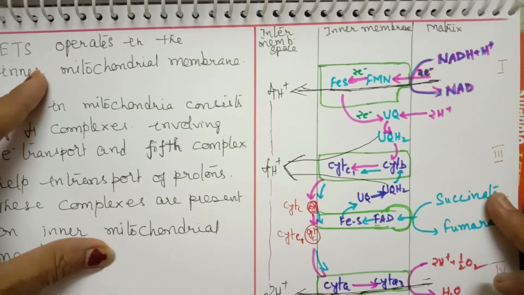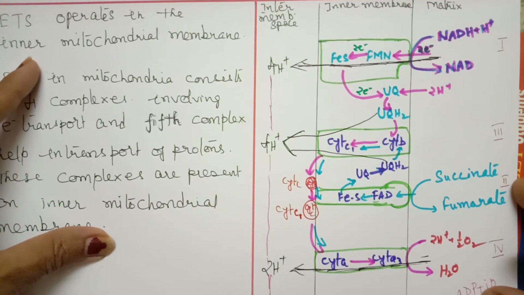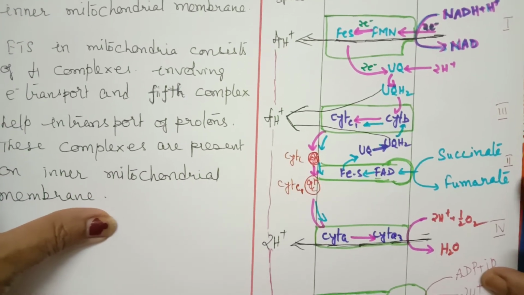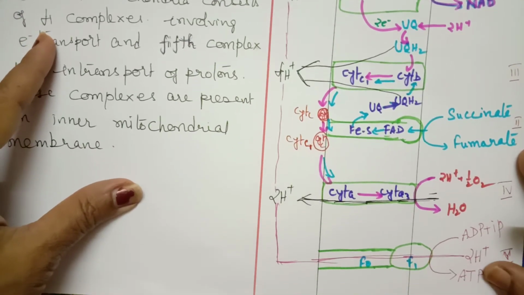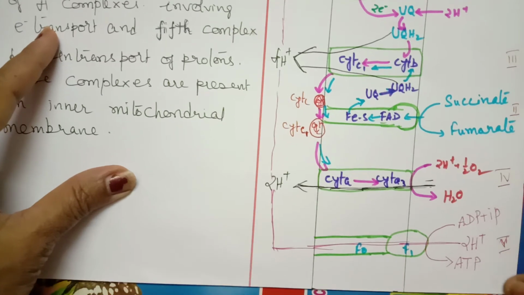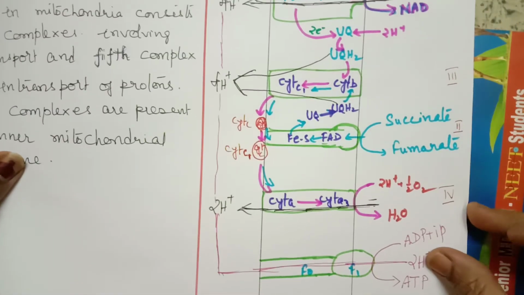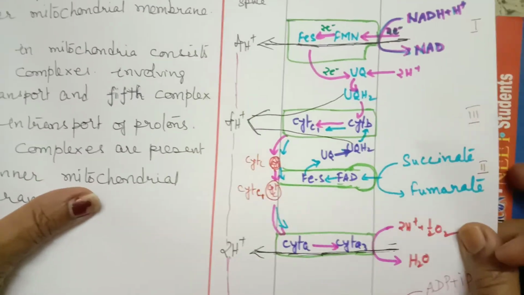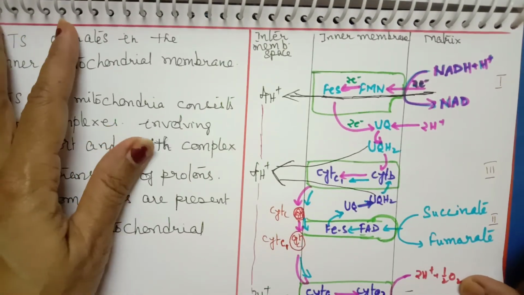This diagram you will find in NCERT textbook also. So you can copy the diagram, understand the diagram from NCERT textbook. This goes up to the 5th complex. Now let us see how the electron transport will take place through this electron transport chain.